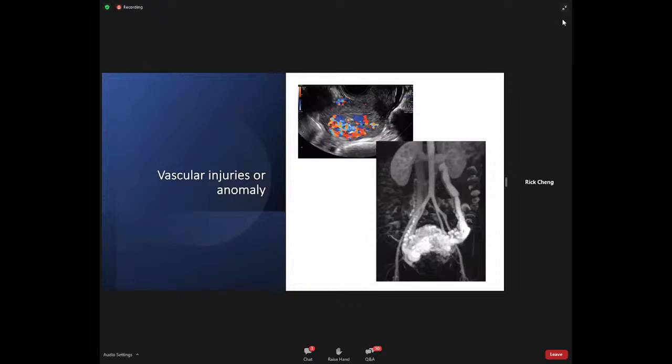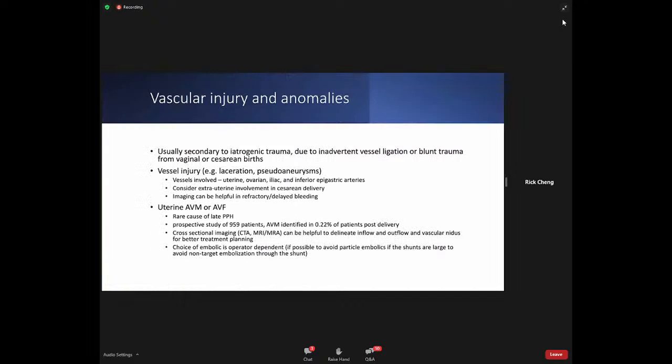So moving on to vascular injuries and anomalies. Vascular injury and anomalies are usually secondary to iatrogenic trauma due to inadvertent vessel ligation or blunt trauma from vaginal or cesarean births.